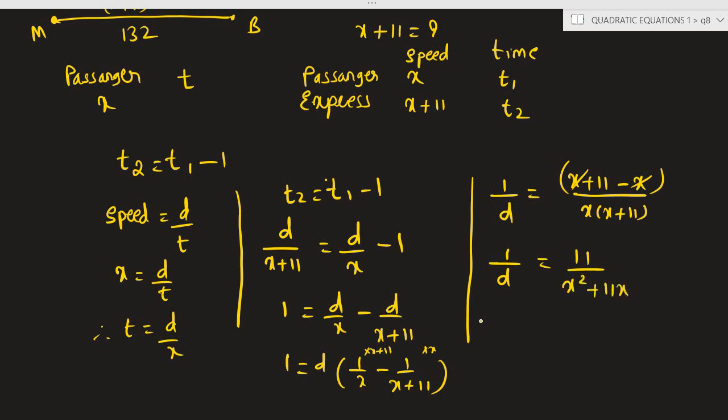You cross multiply now. x square plus 11x is equal to 11 into the distance. What is the distance? We have been given 132. 11 into 132 is 1452, that is the right side answer.